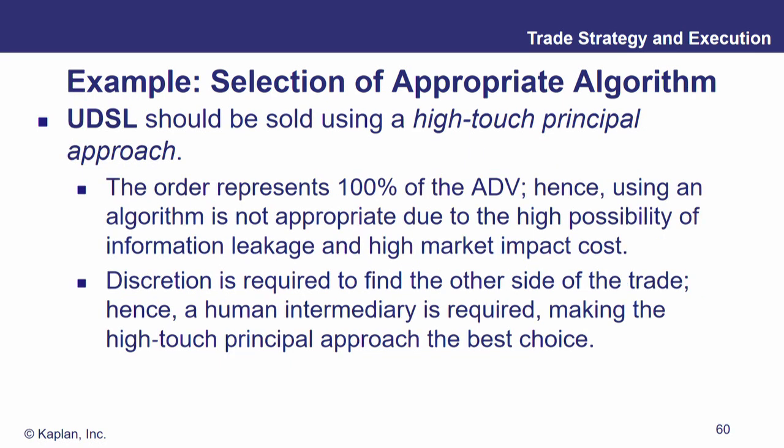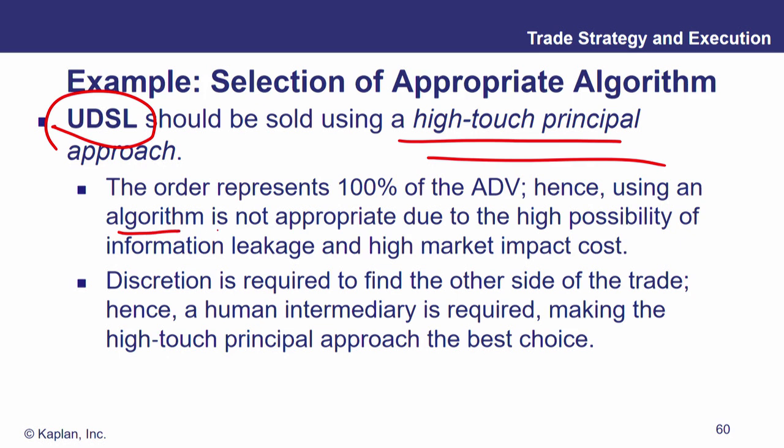Now remember UDSL. UDSL was where we were trading 100% of the ADV. So I need a high-touch principal approach. So using an algorithm, sorry, is not appropriate. Artificial intelligence isn't there yet. We're going to have to use a person. Yay, so the person can still have a job.